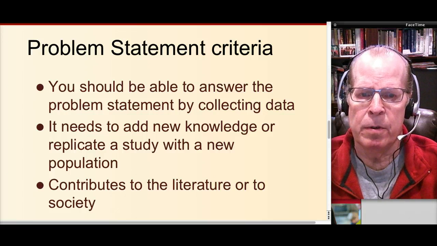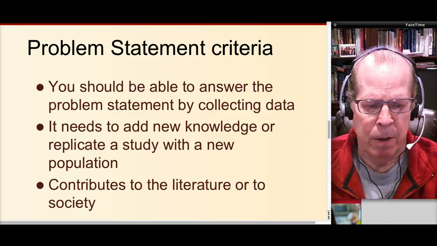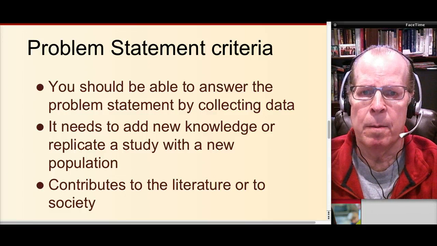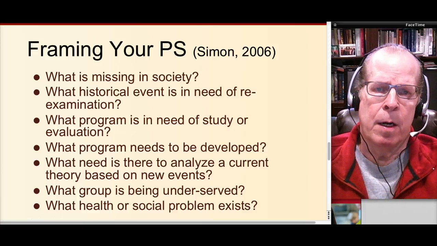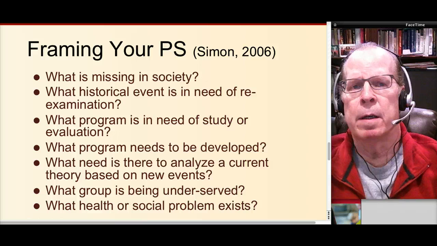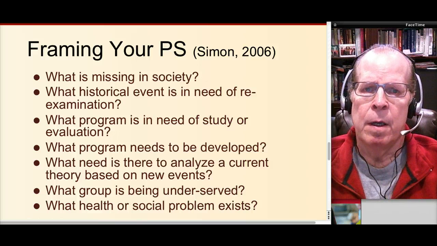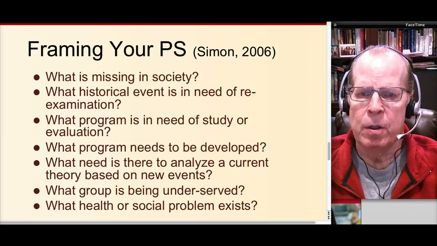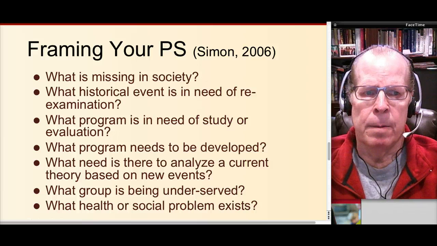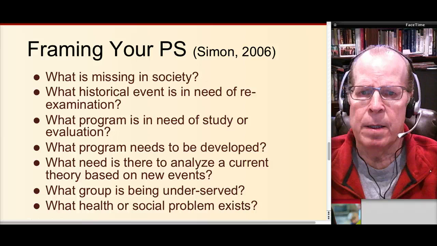In other words, it contributes to the literature, or it contributes to society or to the greater good. So you want to think about this. This is from Dr. Marilyn Simon at University of Phoenix, from her presentation, Your Problem Statement. These are just some questions you could think about to help you select a topic and get ready for this assignment.